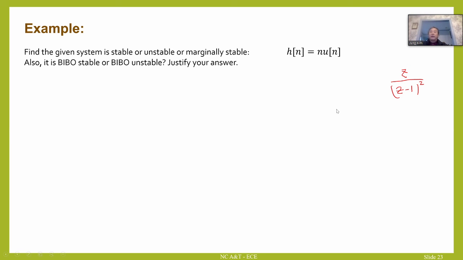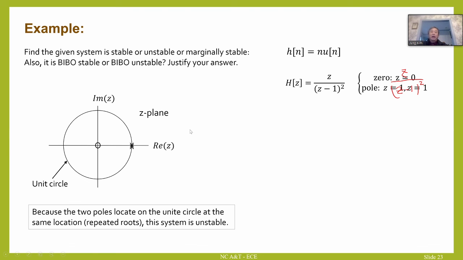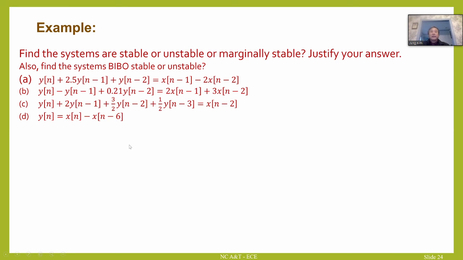So we have two poles at the same point. So these are repeating roots, so that's unstable. Okay. Is that clear? Everybody follows? So far, so good?